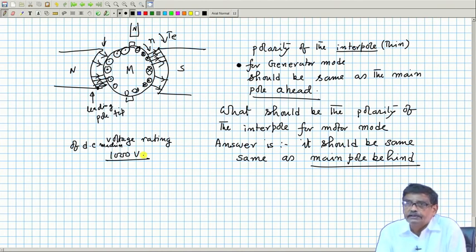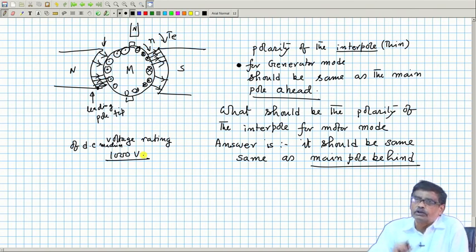You cannot do anything with this. That is why, for example, the Kolkata Metro uses DC motors. The supply voltage is how much? 750 volt or 800 volt maximum, is it not? Therefore, a DC machine's armature voltage rating is about 800 volt, 750 volt, 600 volt.